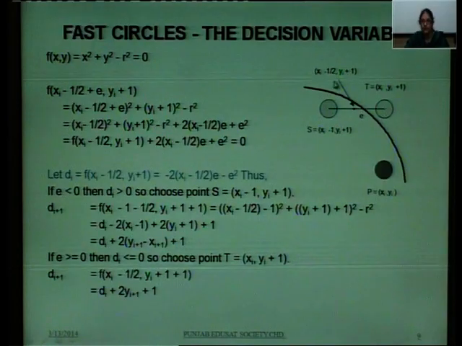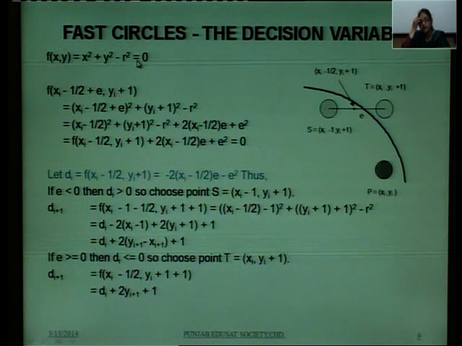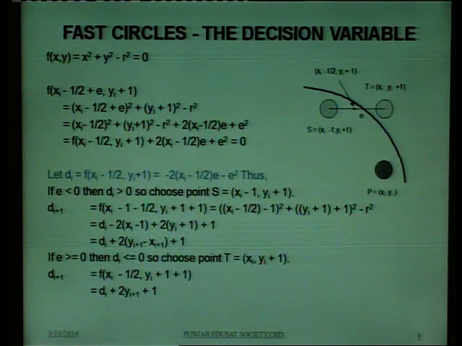We have to put the value of the x coordinates and y coordinates in this equation to find the function of x and y, where e is the center of the location. Then di is equal to f of xi minus 1 by 2, comma yi plus 1, which is equal to minus 2 xi minus half e minus e square.